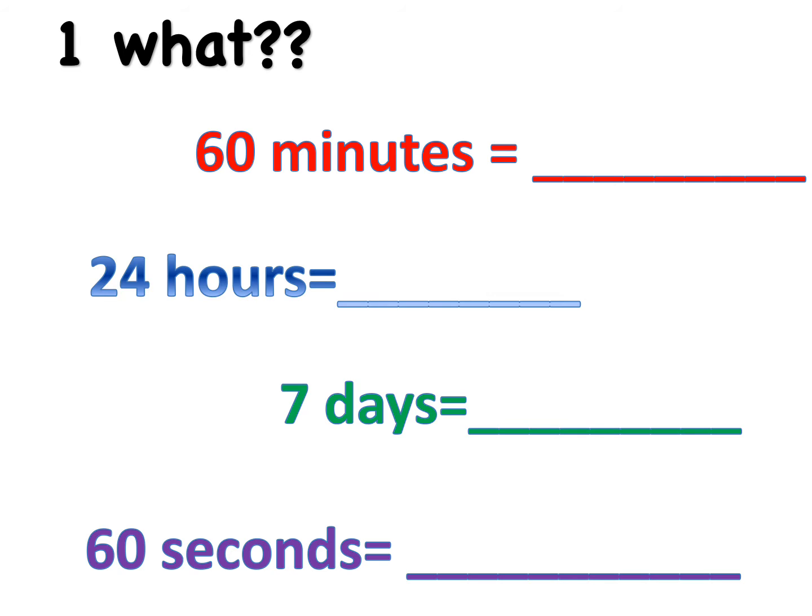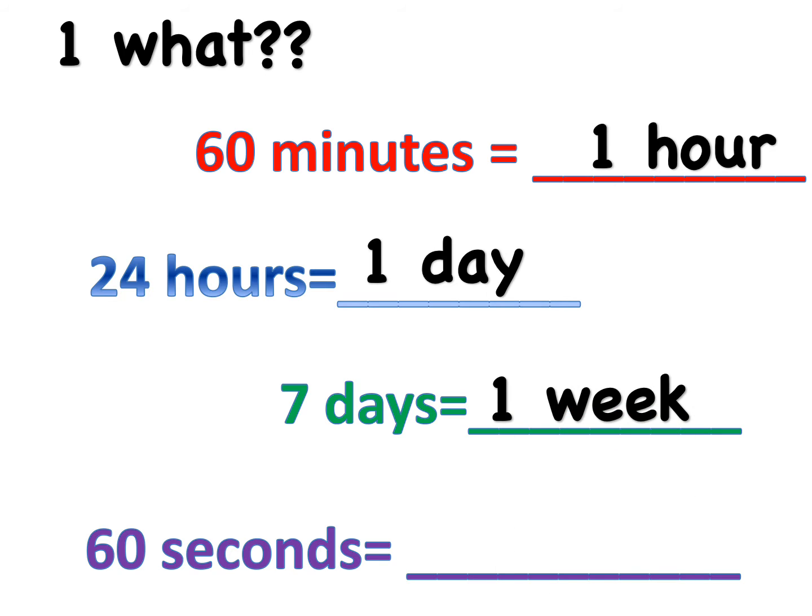60 minutes, boys and girls, equals 1 hour. 24 hours equals 1 day. 7 days equals 1 week.